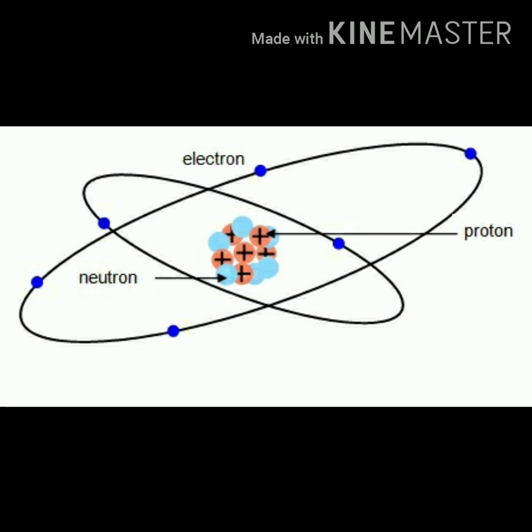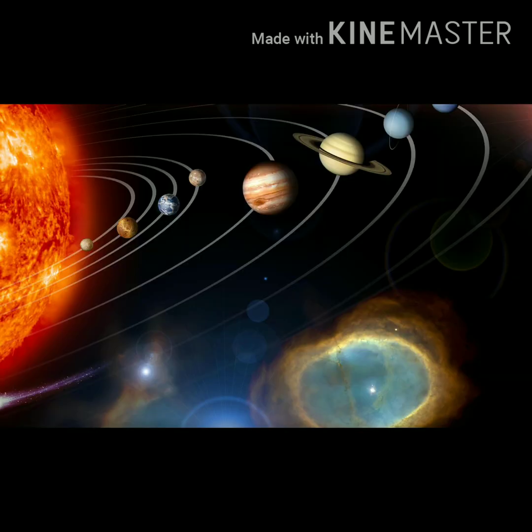Now, if you see the picture that is being shown on the screen, you will see that there is the nucleus, which consists of protons and neutrons, surrounded by the orbits in which you find electrons, which I have already explained. But see here, the orbits overlap each other, they're crossing each other, unlike in the solar system.